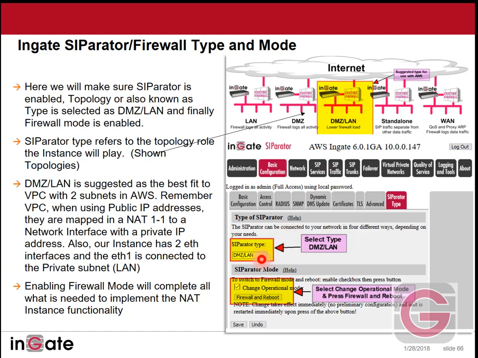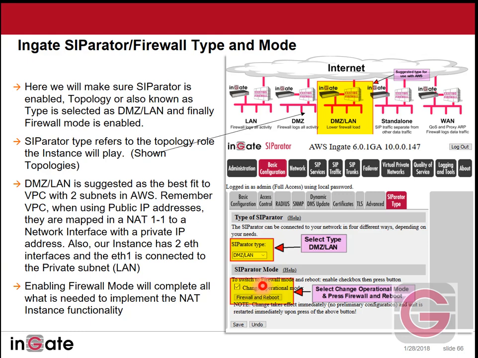So DMZ LAN can be selected from this pull-down menu here. Then, because we are going to use the SIParator as the NAT device for the internal, private subnet, you're going to see that the default value for SIParator mode is SIParator. We need to change that to firewall.